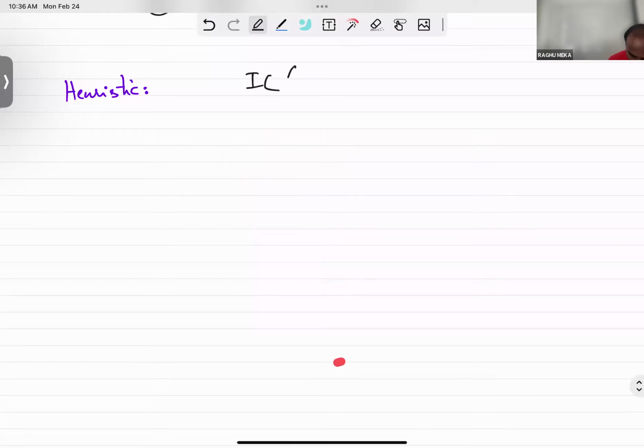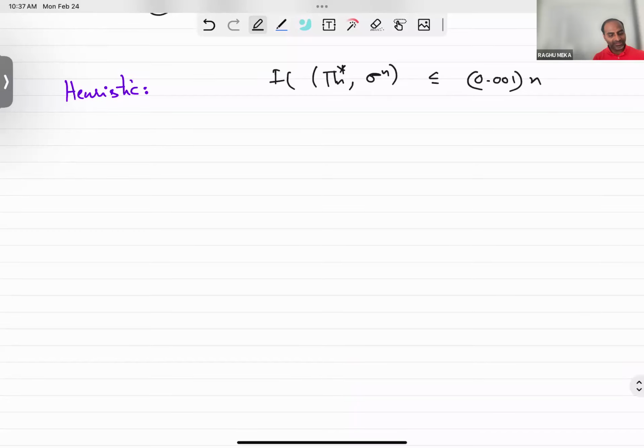We know that IC of x comma y given pi is at most 0.001n. Again, this 0.001n is arbitrary, right? So that's a placeholder for our intuition. Okay. So the way we define information complexity, the information complexity term has 2 terms, right?